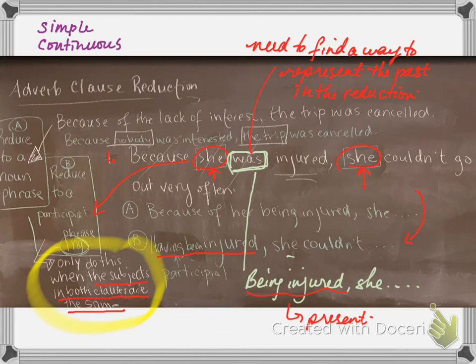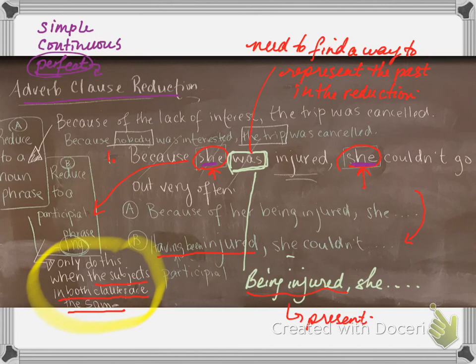And we can represent the past in the perfect. And this is where English borrows for adverb clause reduction when we have two subjects that are the same. If these subjects are different, then you cannot reduce it in this way.